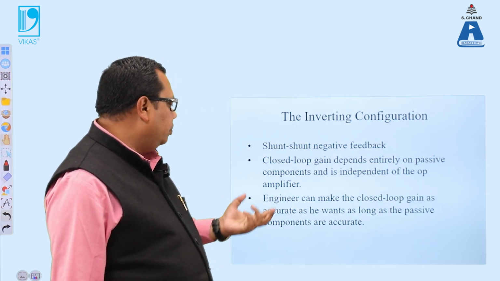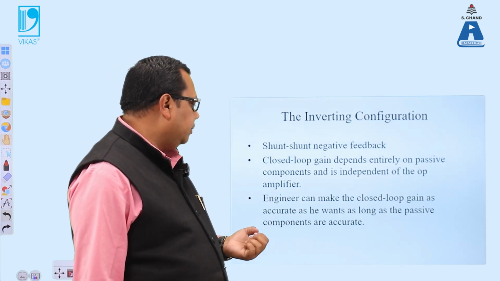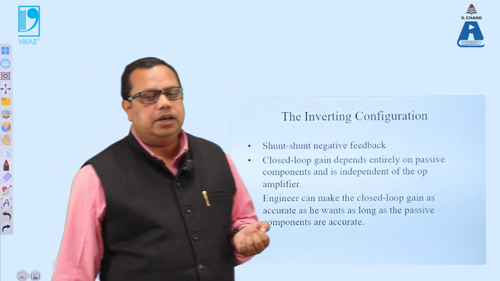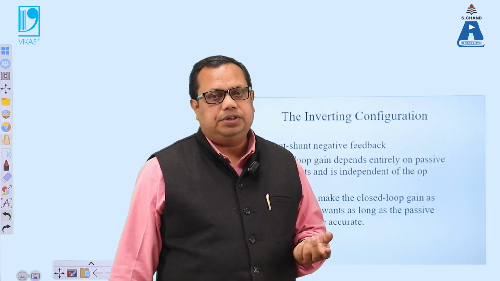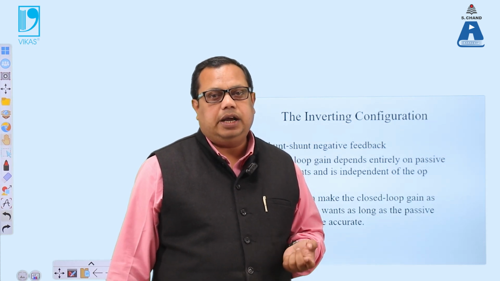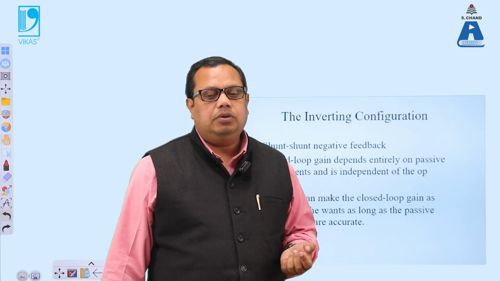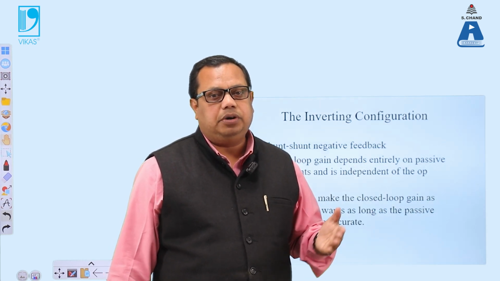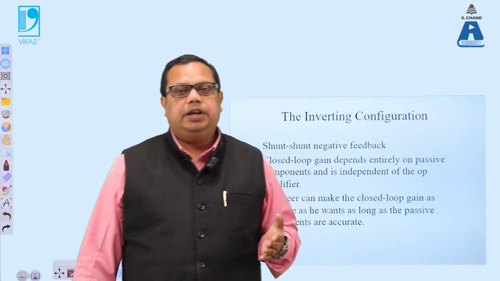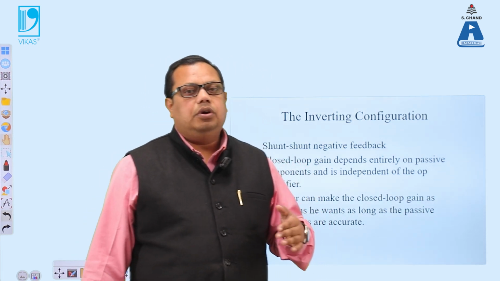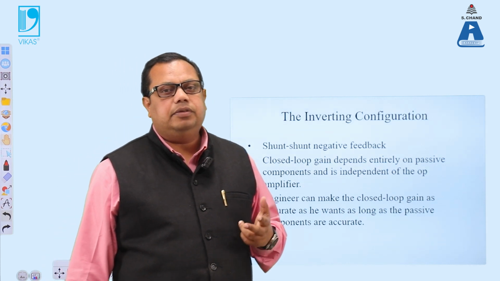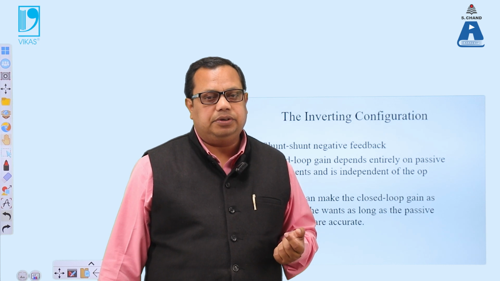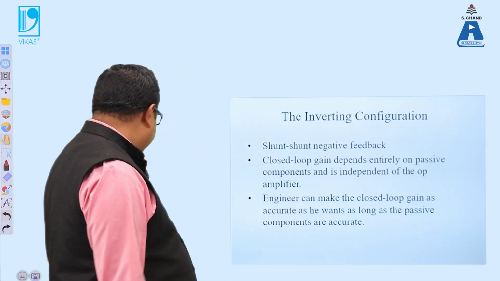So we can make the closed loop gain as accurate as we want, as long as the passive components are accurate. Passive components being accurate means how the components we are using function, what the error and accuracy are, how the output is evaluated, how we are giving the input resistance, and how the outputs vary with the variation of the input resistance. These are very small factors, not only in the operational amplifier but in every circuit, and they matter here.